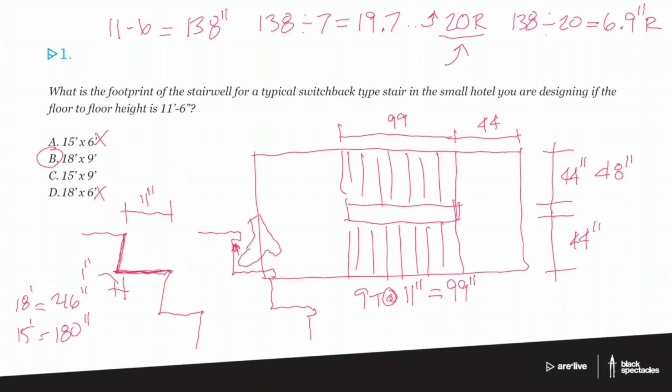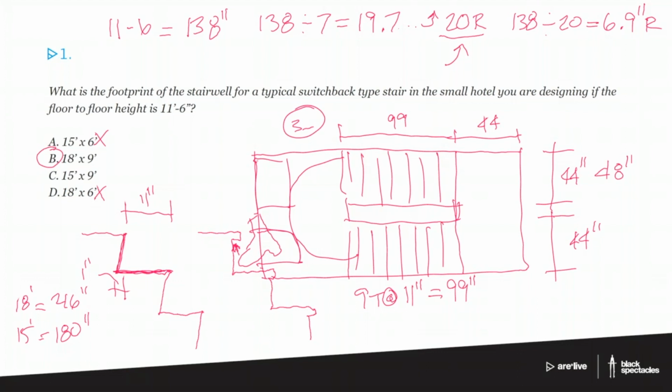If we start adding those things up, we'll realize that for 15, if we subtract 180 minus 99 minus 44, we're only going to end up with about 30-some inches for this entire landing, where our door needs to be, where the travel path needs to be, where potentially you might have some other requirements of areas of refuge and things like that. And that's just not enough dimension that's left.